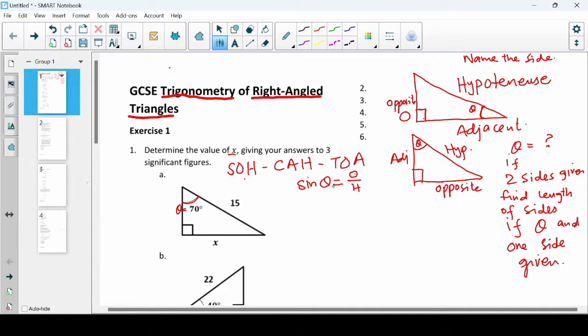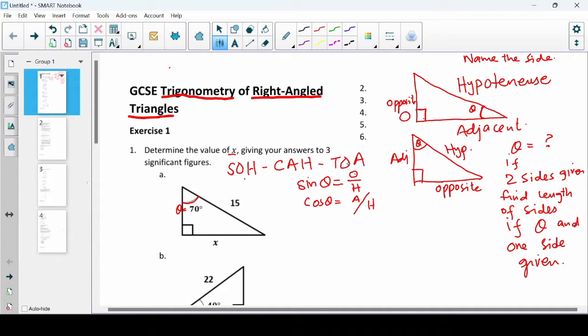If two of these three things, theta, opposite, and hypotenuse, are given to us, we can find the third by application of this one. The next one is CAH. CAH means cos theta is equal to adjacent over hypotenuse.